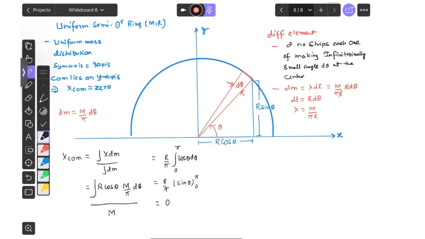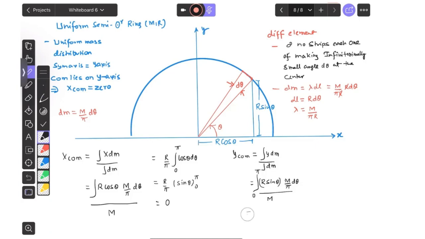Now ycm is going to be integral of y dm by integral of dm, and what really is our y here? It is r sin theta. So r sin theta times dm, which is m by pi into d theta, divided by integral dm, which is nothing but the total mass, from 0 to pi.